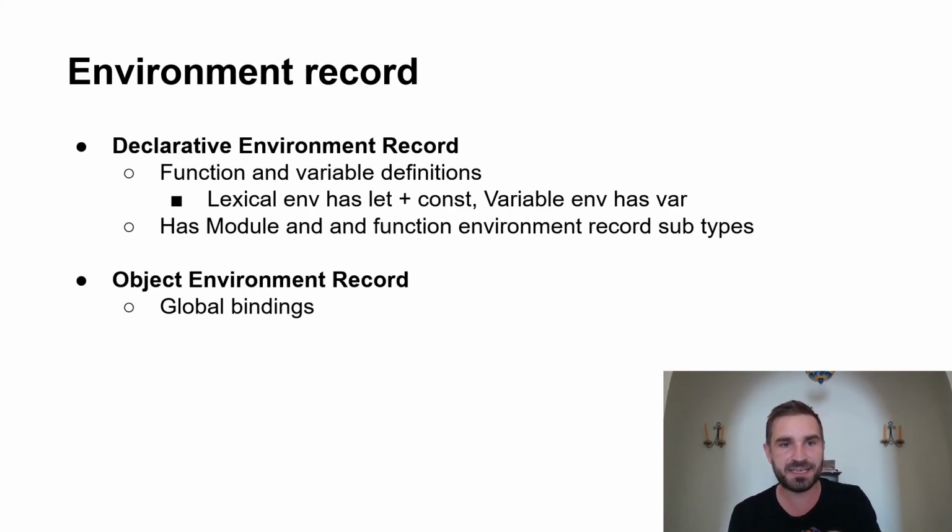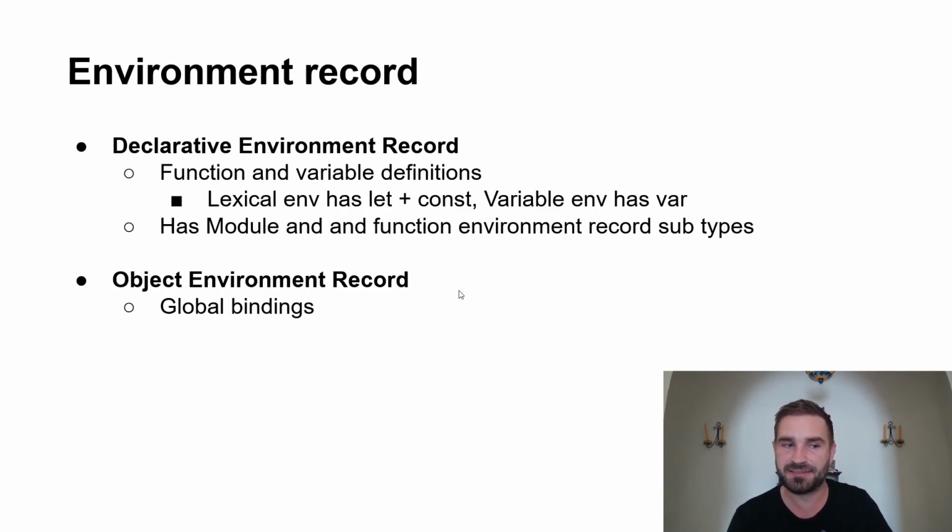Speaking again about the function and variable definitions, it says here lexical environment has let and const, variable environment has var. So what I mean by that is the variable types are split, because we have the lexical environment and the variable environment. Object environment record, global bindings, so the stuff to do with the window object, etc.